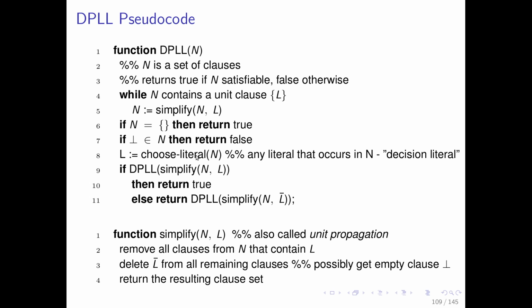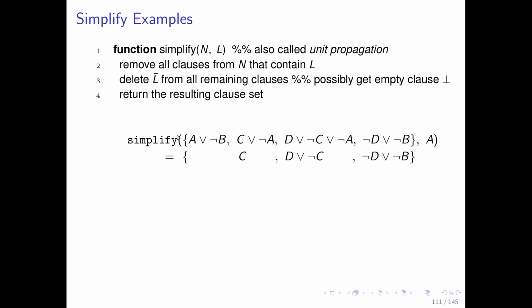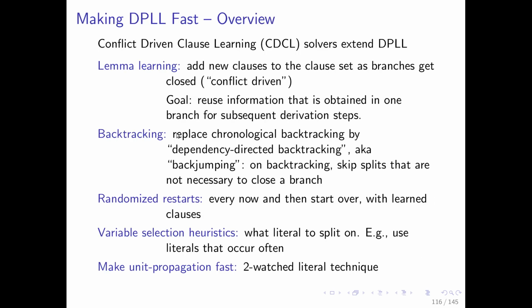Hopefully that means you'll get a unit clause, and as soon as you get a unit clause, you've won. So that's another heuristic. The final heuristic is called the two-watch literal technique. I'm not going to go into that because it's a little more complicated than you need to know.